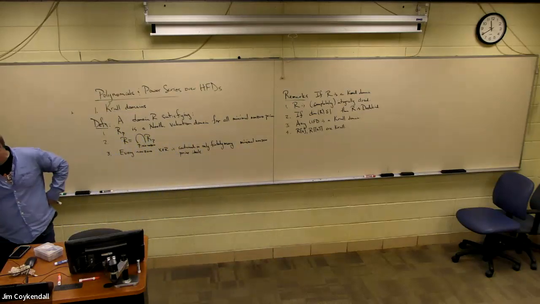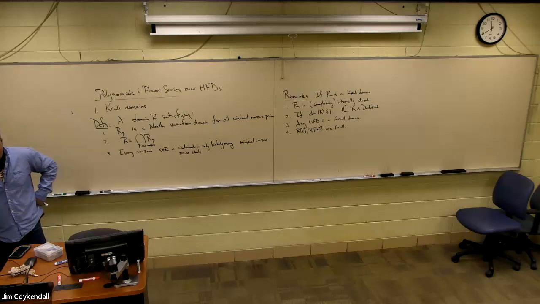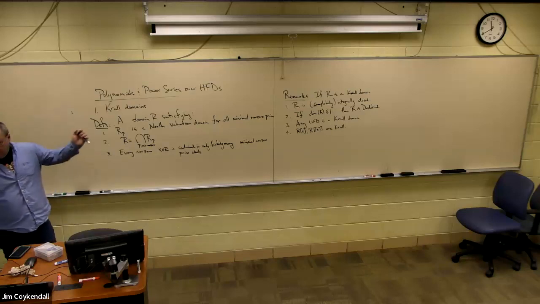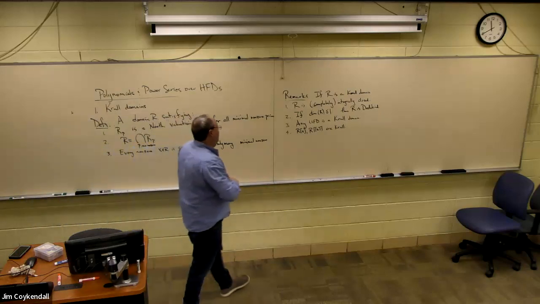So in one sense, Krull domains generalize Dedekind, because any Dedekind is Krull. They generalize UFD, because any UFD is Krull. But of course, UFDs can be infinite dimensional, non-Noetherian, all kinds of things, and they're still Krull domains.